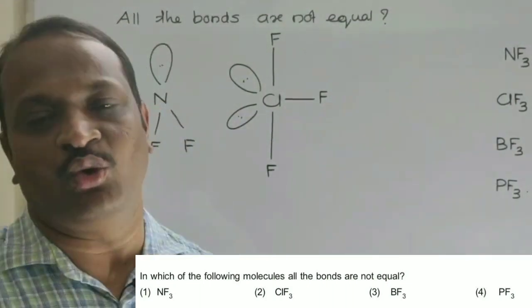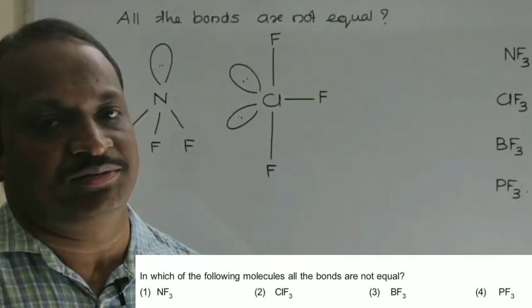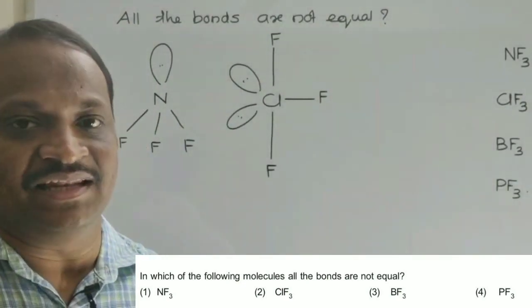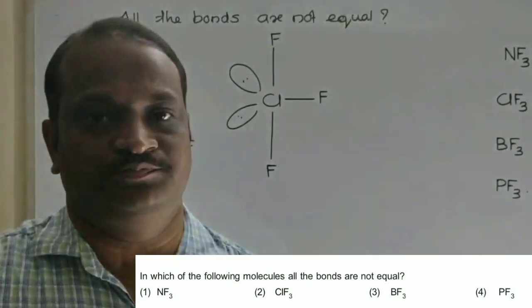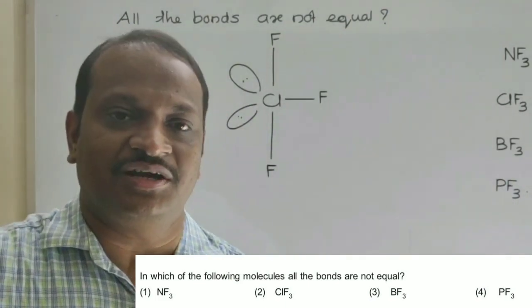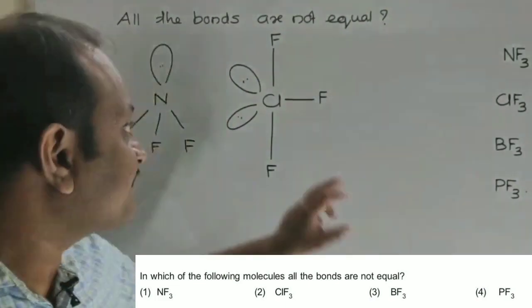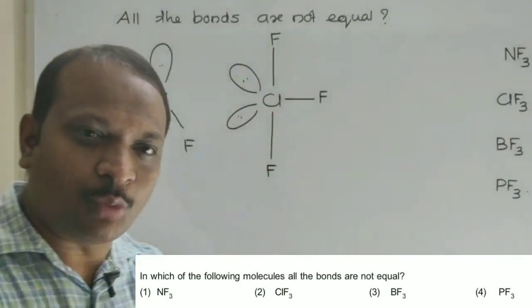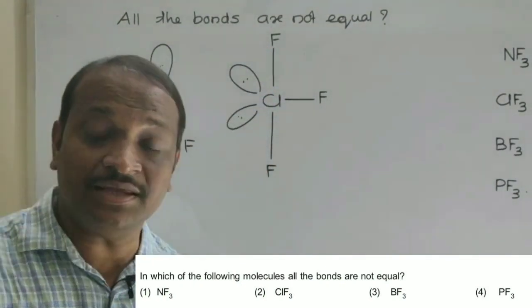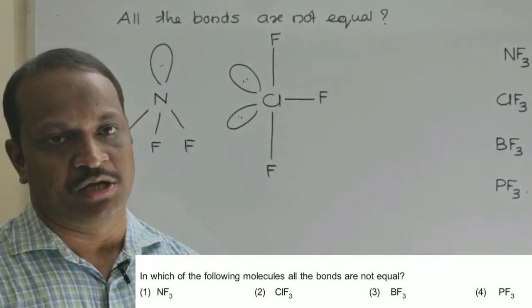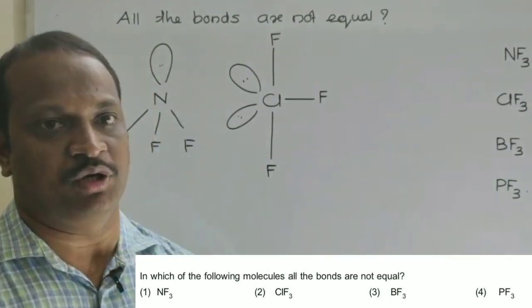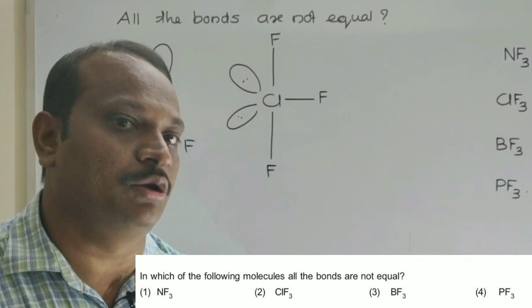In this case, you have two types of bond, one is axial, the other one is equatorial. And you studied which type of bonds are elongated here. Axial bonds are elongated to minimize the repulsion compared to the equatorial. So here we have two types of bond, axial bonds and equatorial bonds.